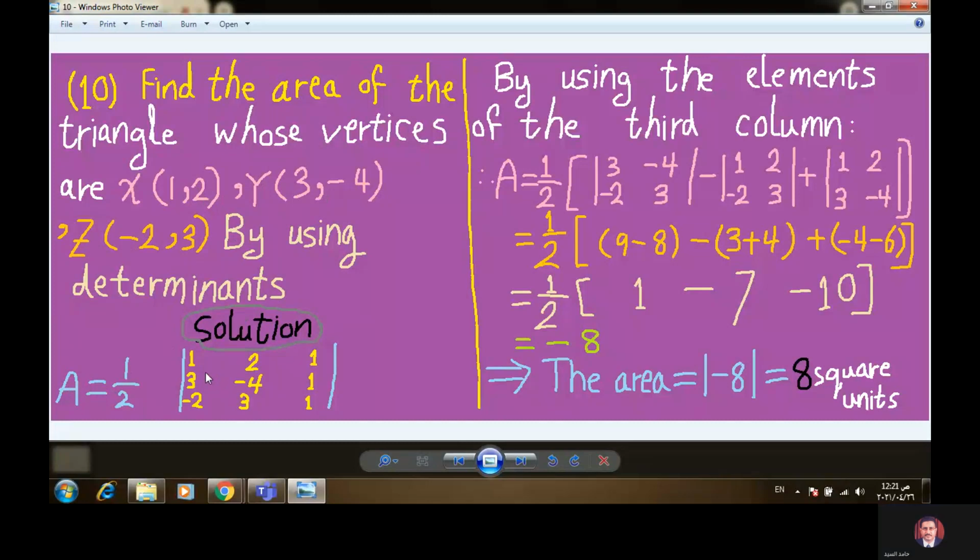Notice that the first column consists of elements which are the first projections here: 1, 3, negative 2. Notice that the second column here consists of the second projections: 2, negative 4, and 3.